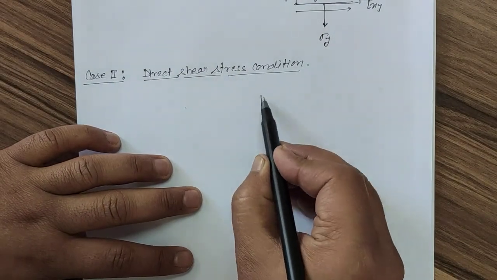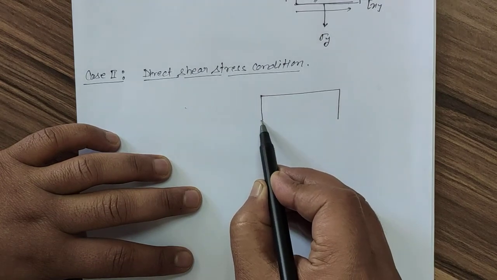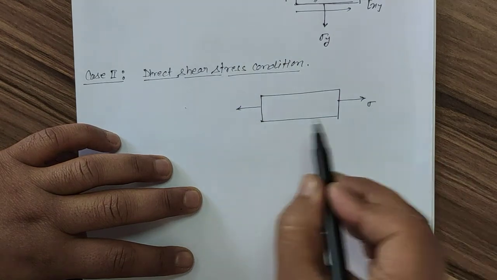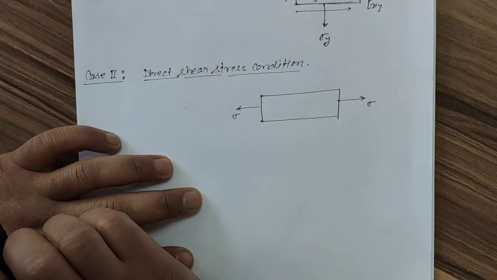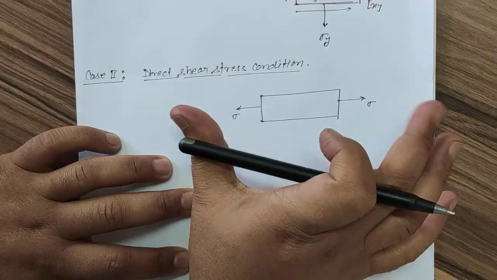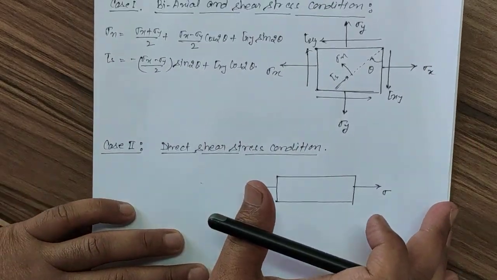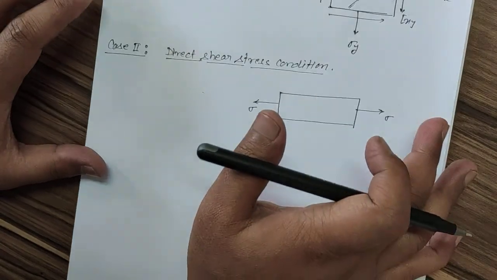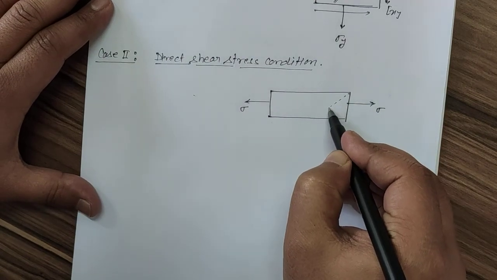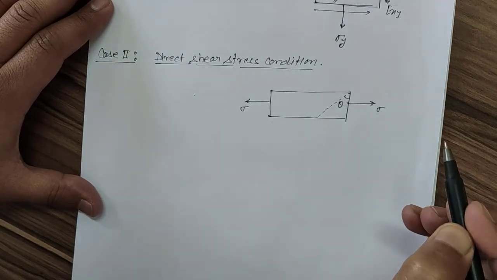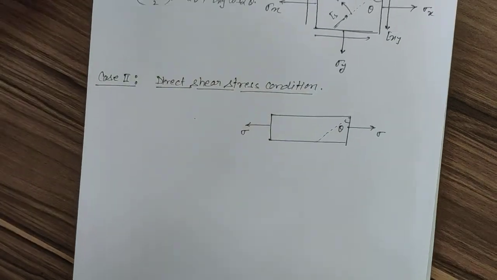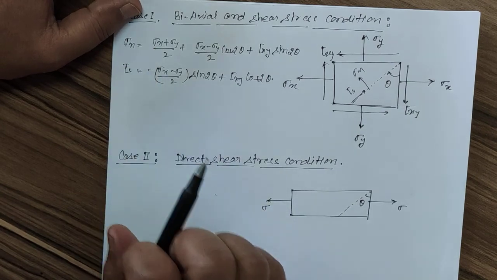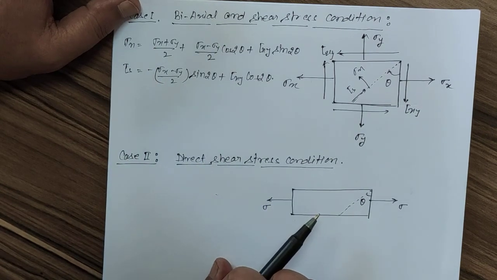Unidirectional stress condition means we are having only sigma, in one direction only the stress is acting. Now we have to derive the formula for sigma n and tau s, meaning on a particular plane we have to calculate the value of normal stress and shear stress. By putting some conditions on this formula, we can derive the formula for case 2.